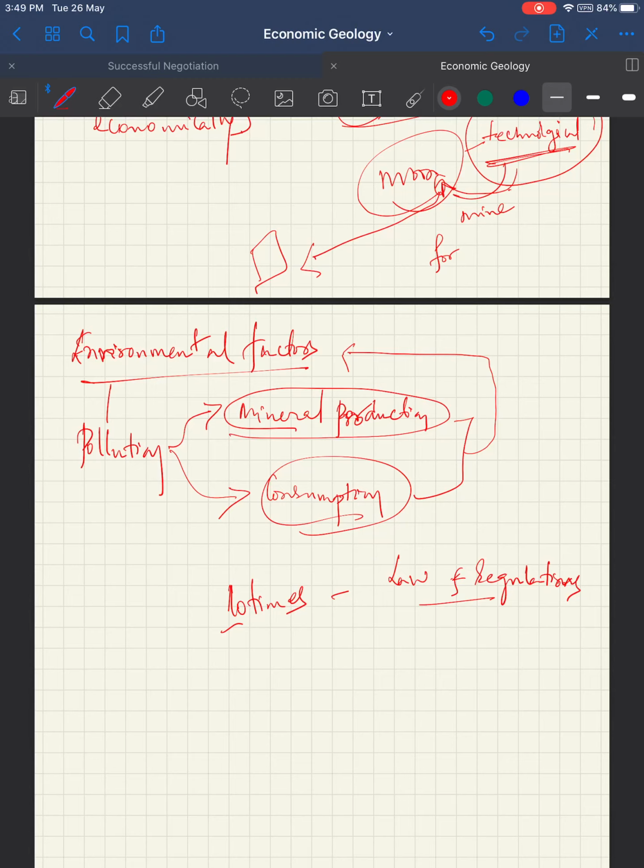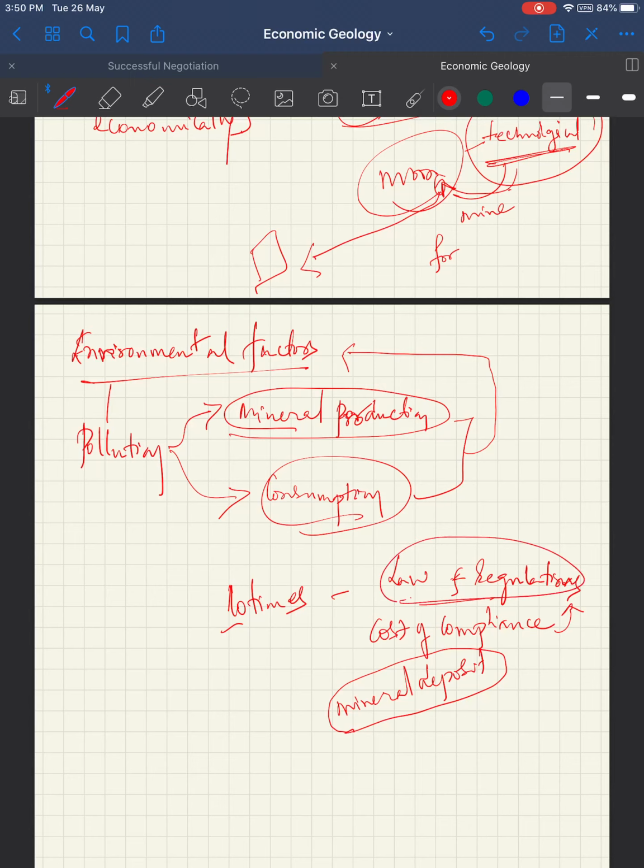You must realize at this point that the increased cost of compliance with these environmental laws and regulations is what is going to determine whether a mineral deposit can be extracted profitably. So, I will give a simple example related to the laws and regulations.